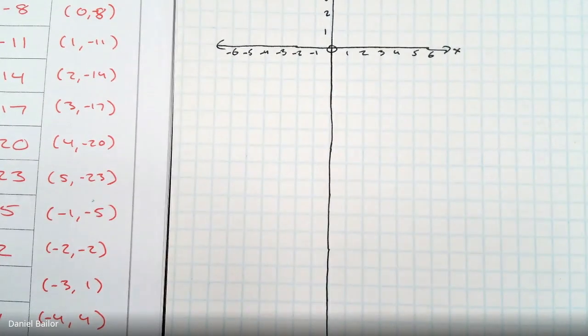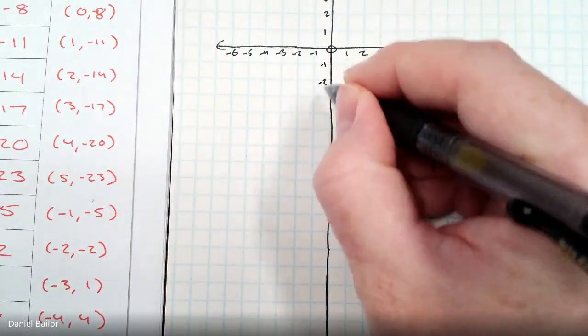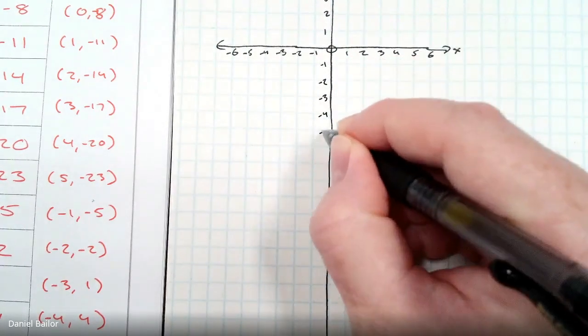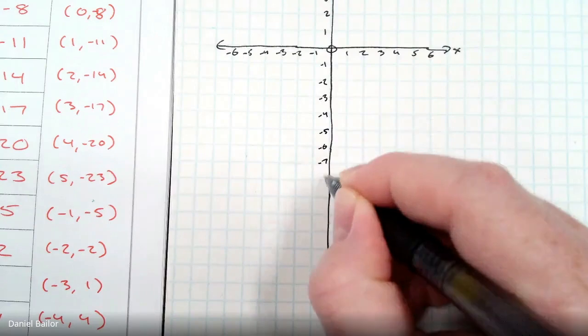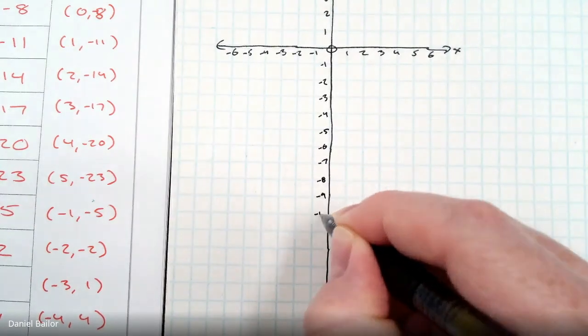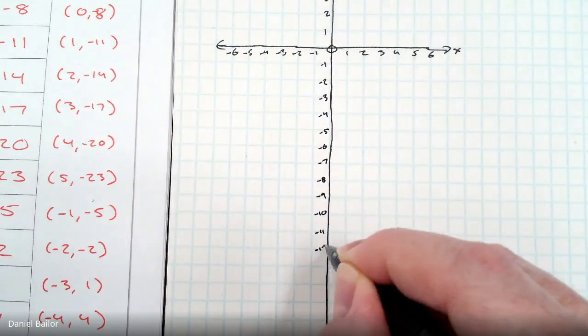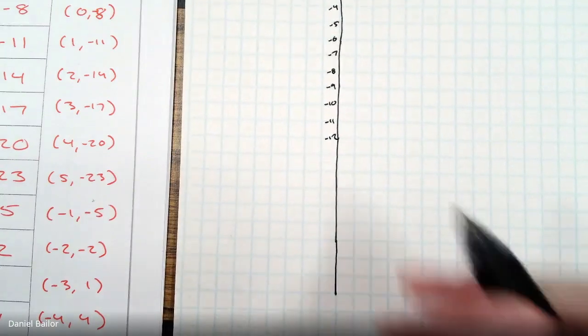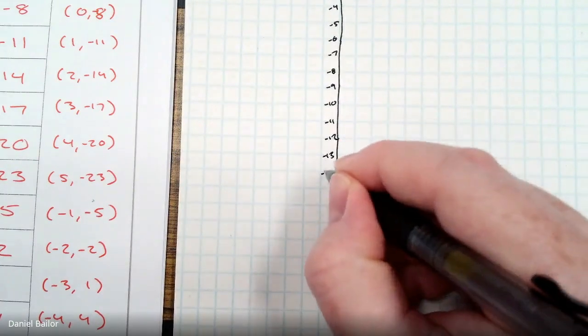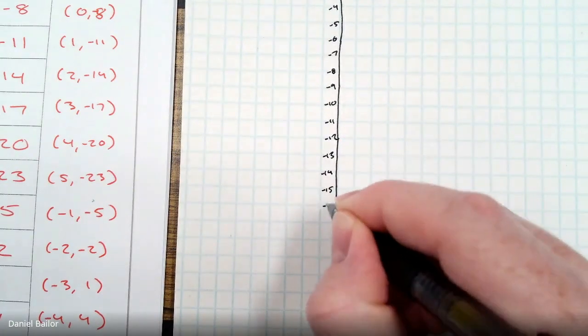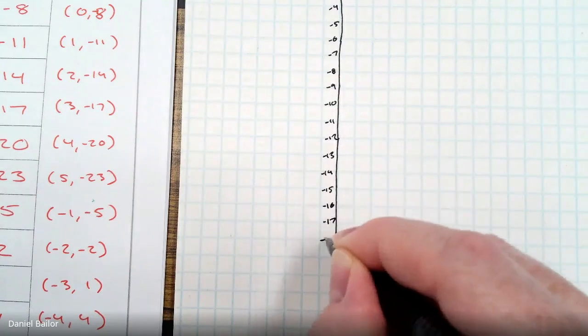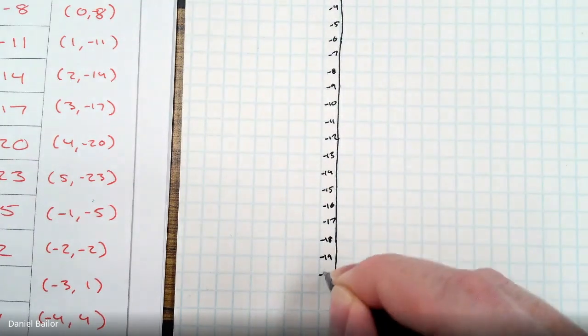Let me label these. -1, -2, -3, -4, -5, -6, -7, -8, -9, -10, -11, -12, -13, -14, -15, -16, -17, -18, -19, -20.